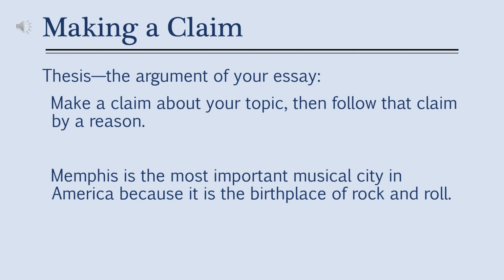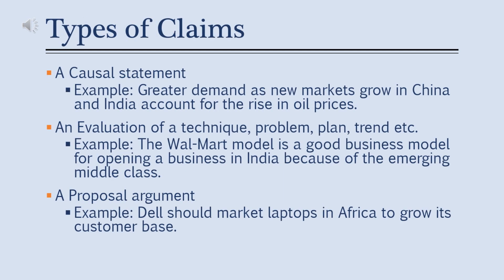This is fine as long as you remember that the thesis of your final draft has to have two parts. You will make a claim about your topic and you will give a reason or reasons that make that claim true.